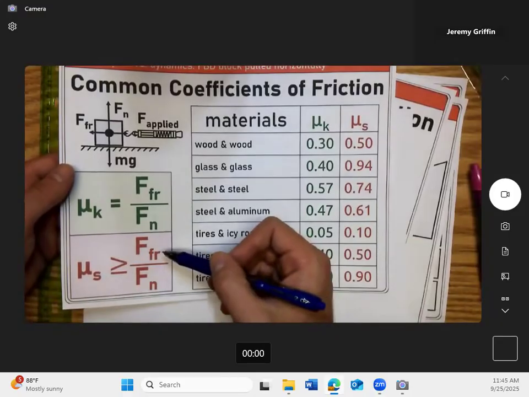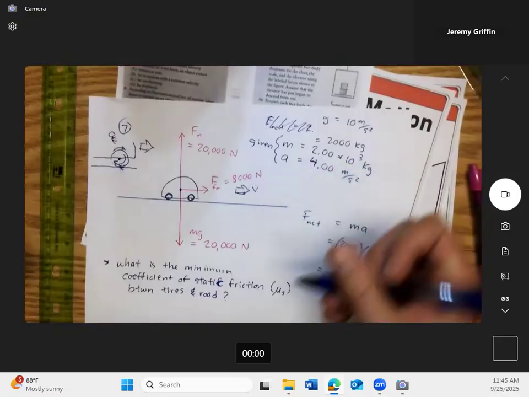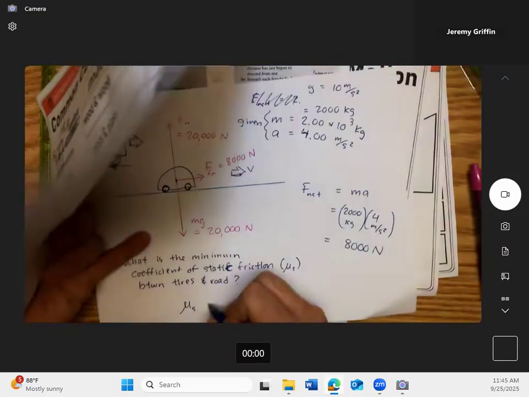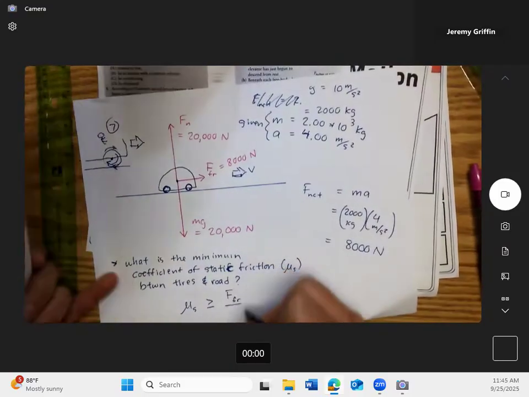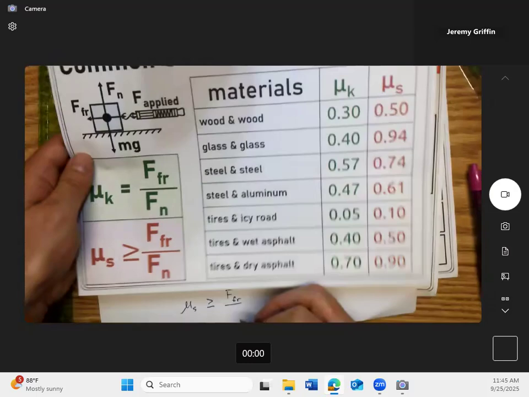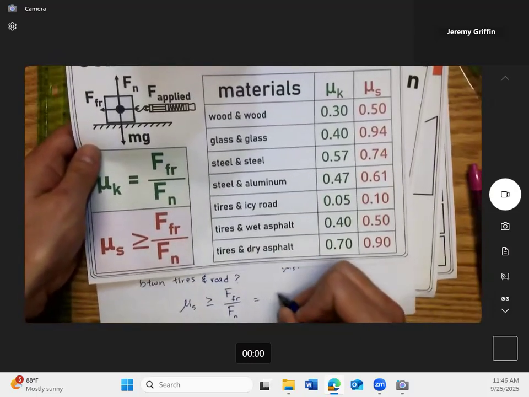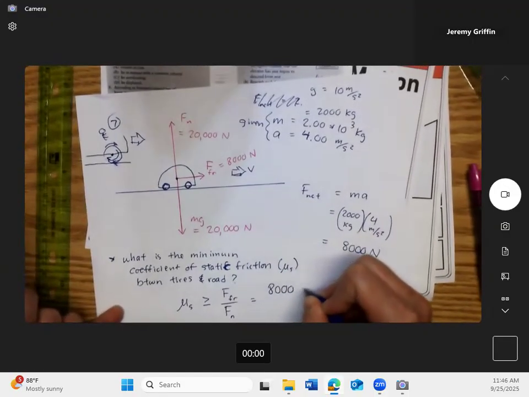Guys, all you need is this pink box right here. In place of the friction force, put 8,000 newtons. So mu s should be greater than or equal to the friction force compared to the normal force. Isn't that the coefficient of friction? In this case, the friction force, we determined, has to be 8,000 newtons.